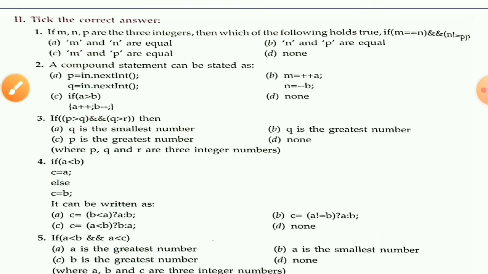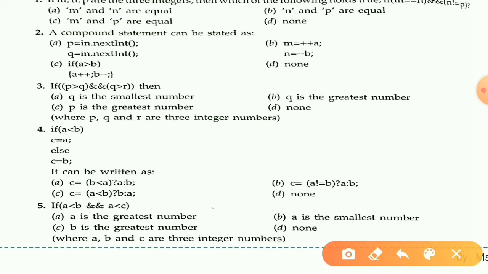Now see the fourth part. You have an if else statement and you have to write an appropriate ternary operator for the same. A less than B is the condition. Over here we have A less than B. Now let us check the statements further. For true we should have A and for false we should have B, but over here it is reversed, so this cannot be the answer.